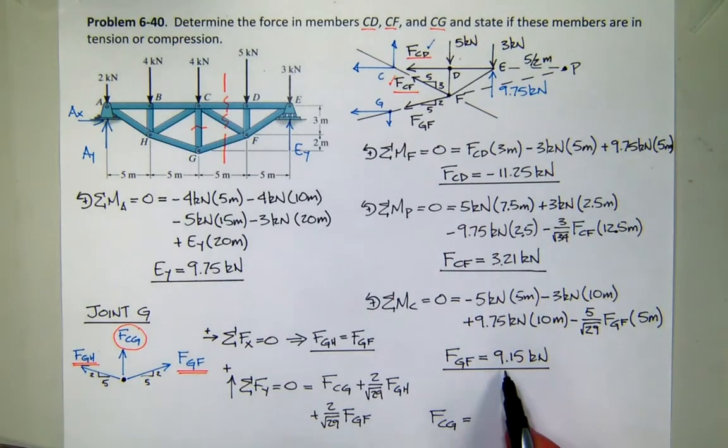So take our value of 9.15, multiply it by 2 times 2 over the square root of 29, and that should be GF. And CG looks like it's going to be negative, since GF is positive. And what is that? Anybody got that? 6.80.